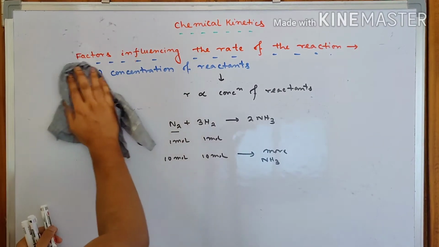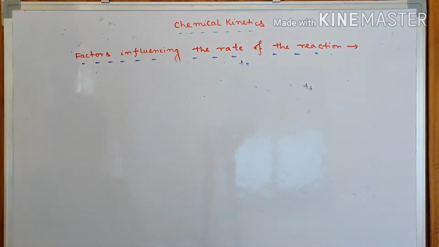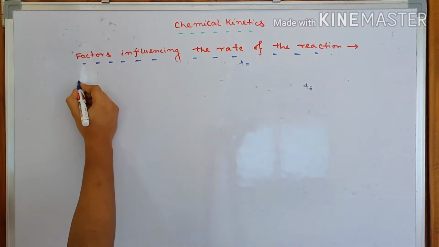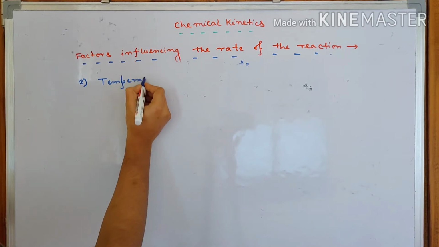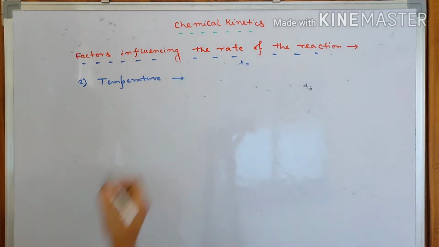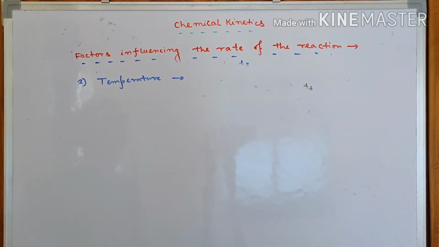Then the next one is the temperature of the system. You need to understand that for almost all chemical reactions, it is observed that if you increase the temperature, the rate will increase.